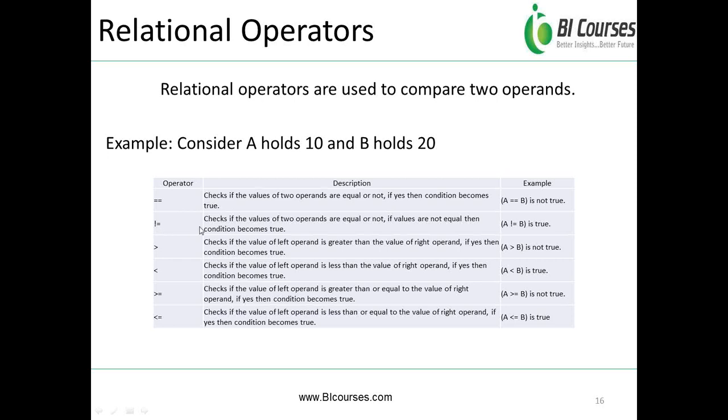If they are not equal, it returns false. If a is greater than b, then it returns true. If it is less than, it is false. Then less than or equals to, greater than or equals to. So like this we can compare two operands using these relational operators.